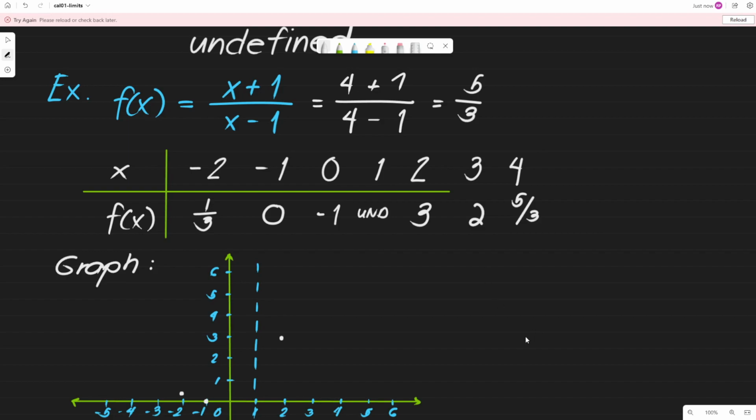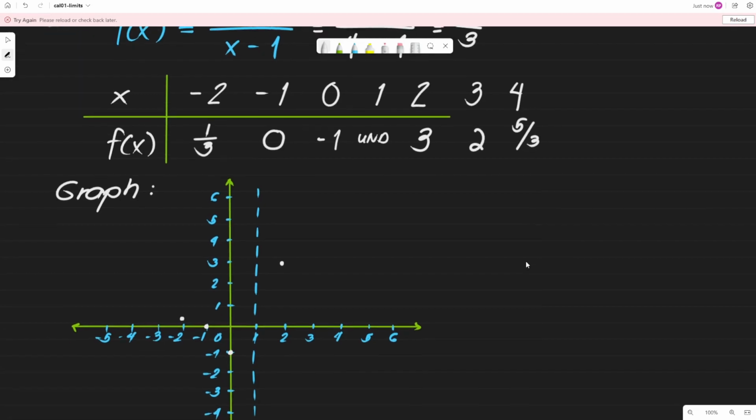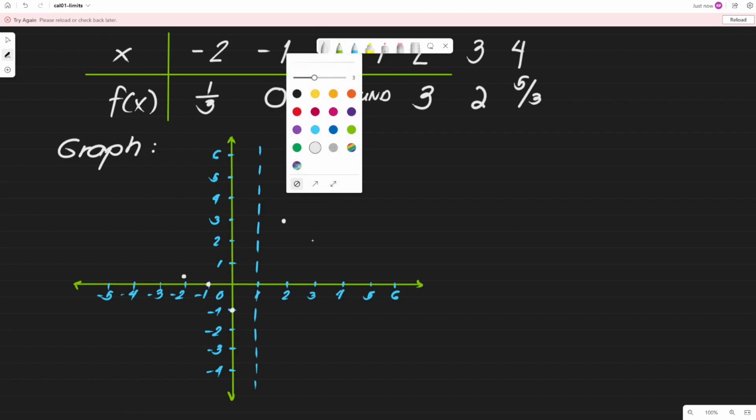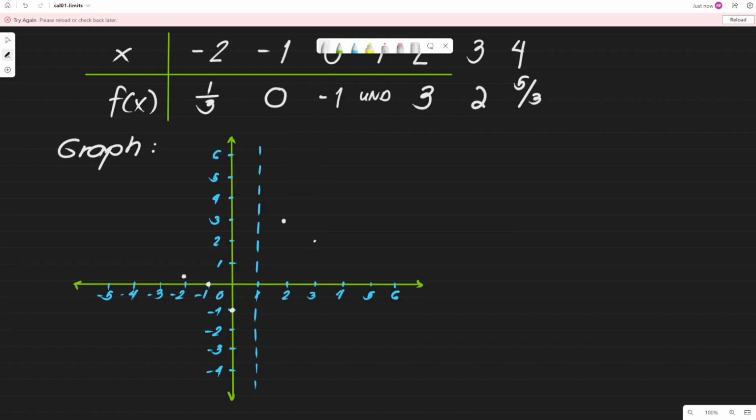So when x is 3, f of x is 2, here. When x is 4, f of x is 5 over 3, or 1 and 2 thirds, somewhere here. So those are the points of the given function.